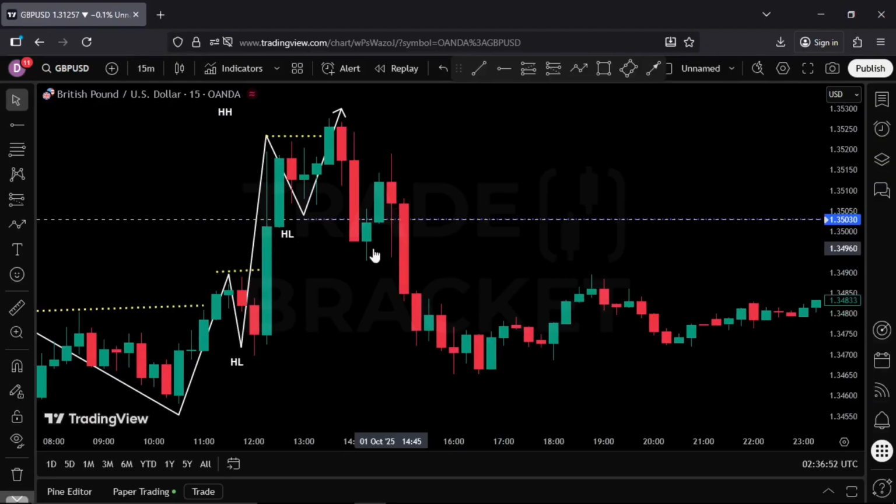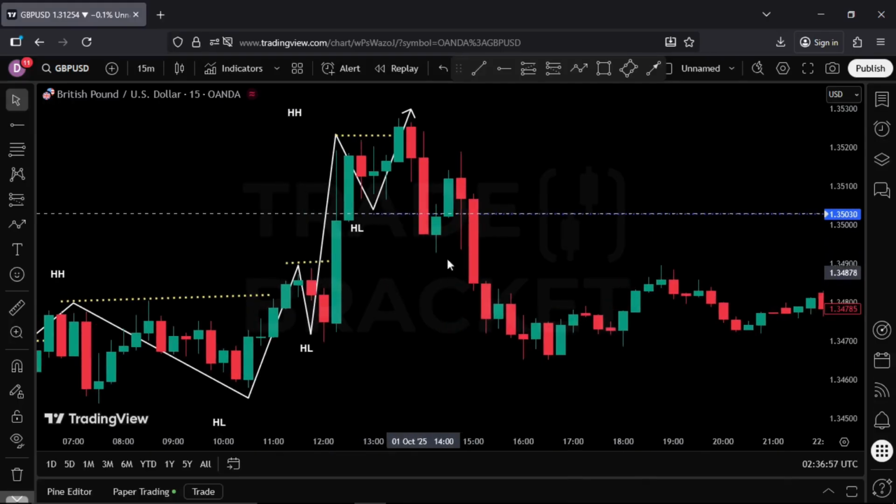There are fake breakouts and real breakouts. Let's say price was right here and we set our alert down here. Price will come down, and as soon as it hits that alert, we will get a notification either by email or through our mobile app. I show this in those two videos, so you can go ahead and watch them.